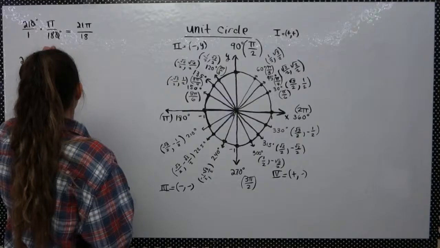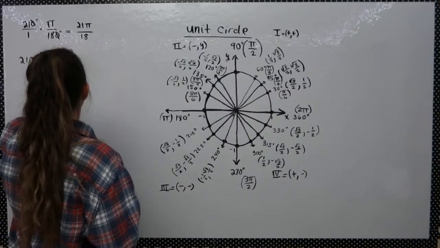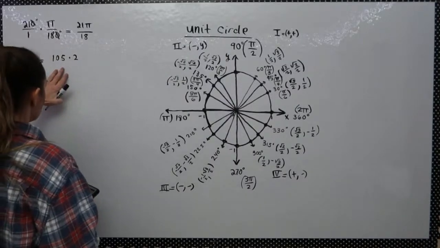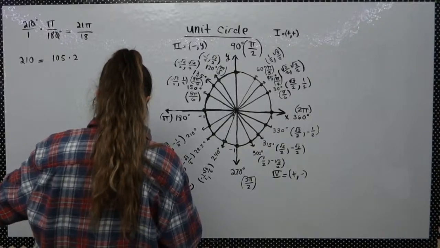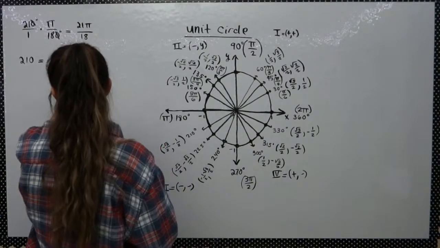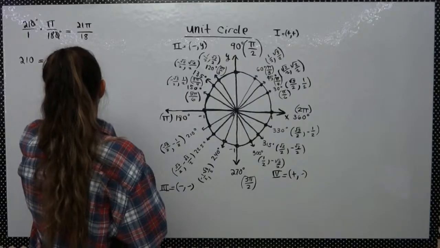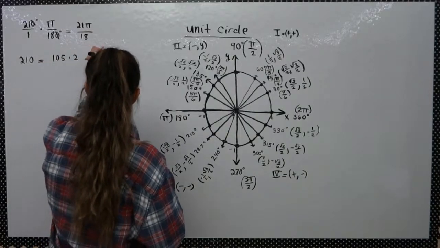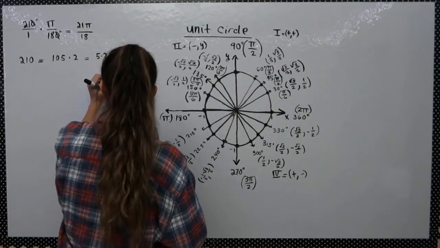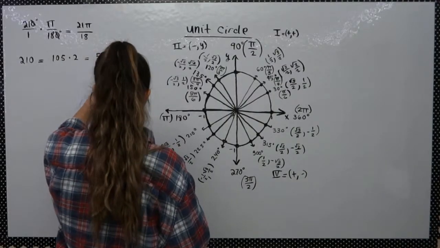Yeah, 105 times 2, and then it's divisible by 5. Is 21. So you've got 5 times 2 times 21.